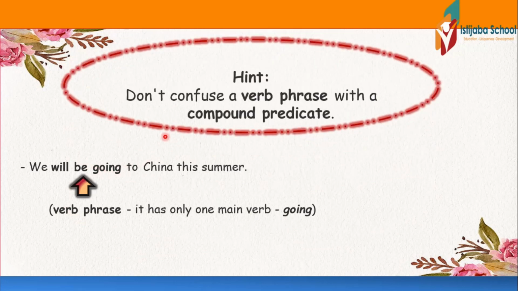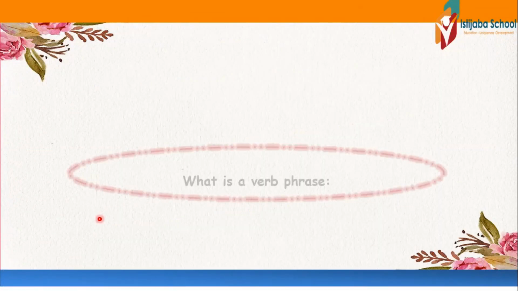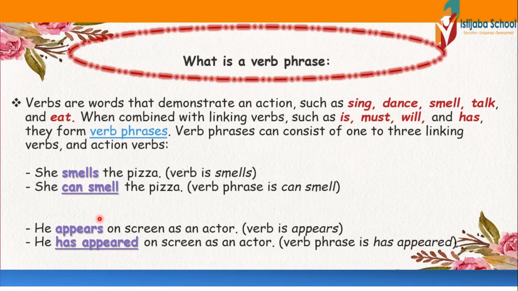There is something that is very important we have to know, which is a verb phrase. Verb phrase. Let's check the example. We will be going to China this summer. If I ask you where's the verb in this sentence is will be going. We call it verb phrase. Let's understand verb phrases more.